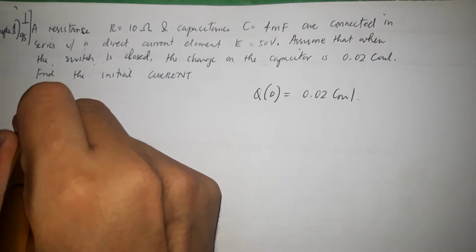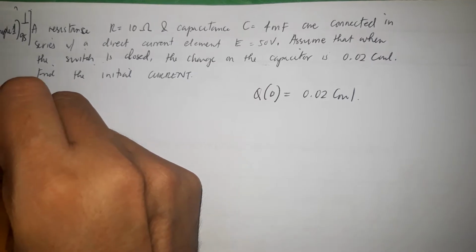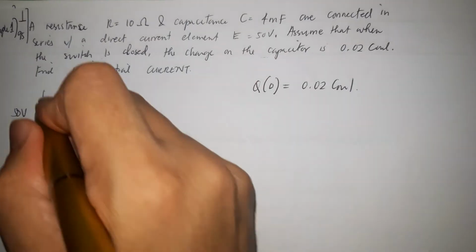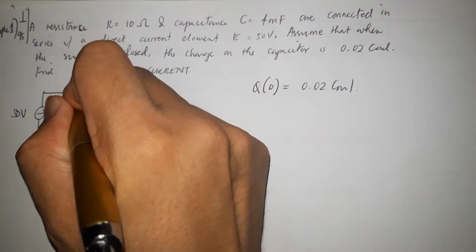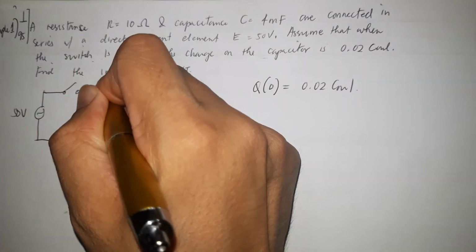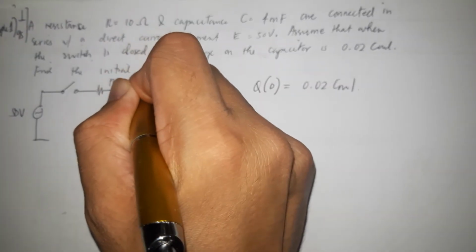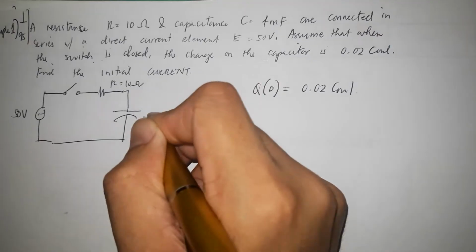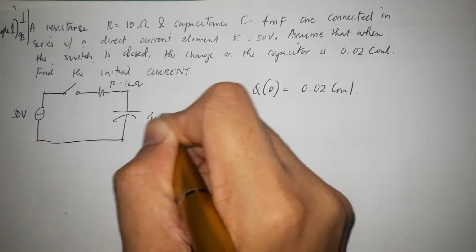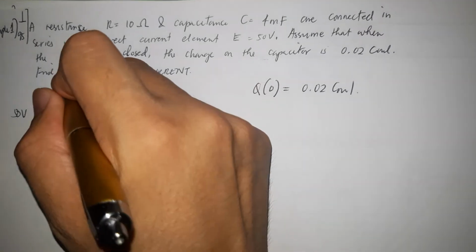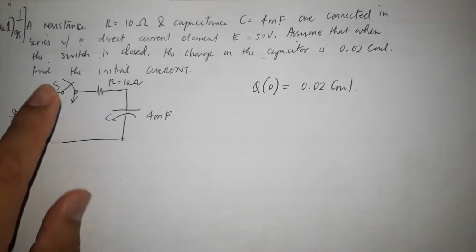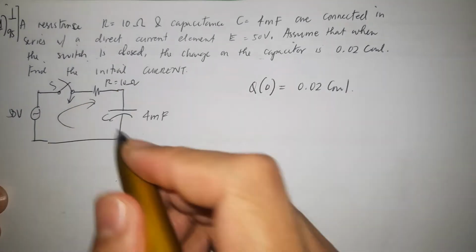So the problem says that this is a 50 volt source, say this is your switch, this is the resistance R, which is 10 ohms, and I have here a capacitor C, which is 4 millifarad. So again, when the switch is closed, there exists the current.